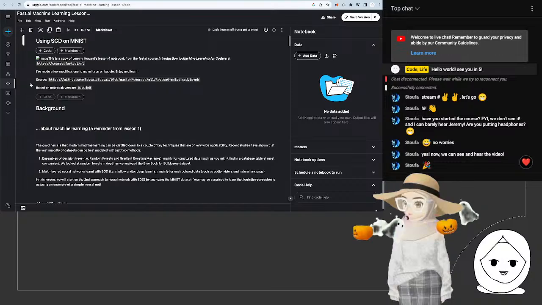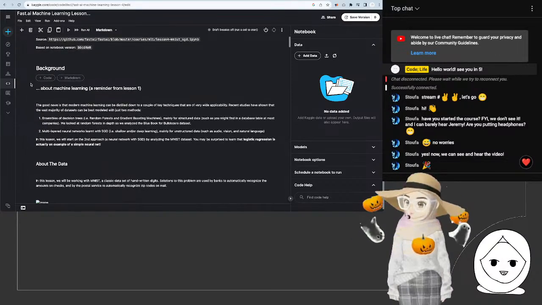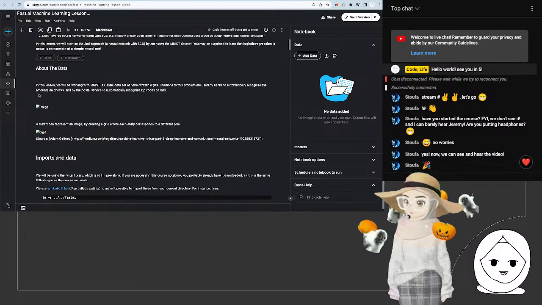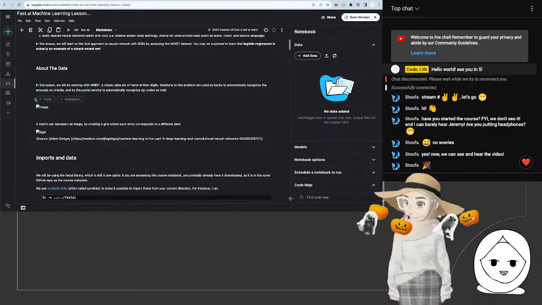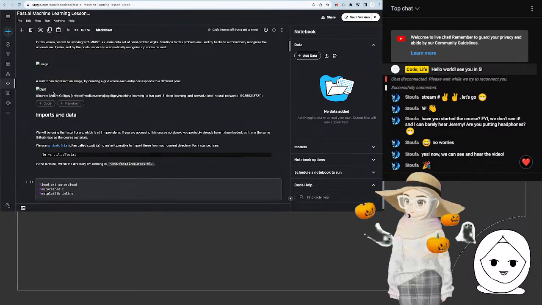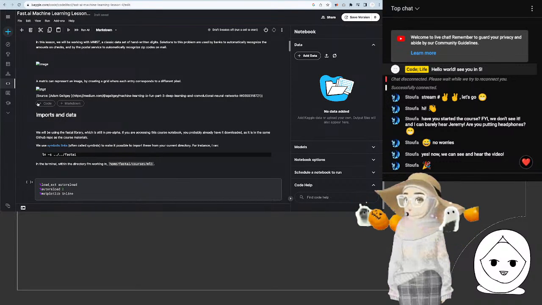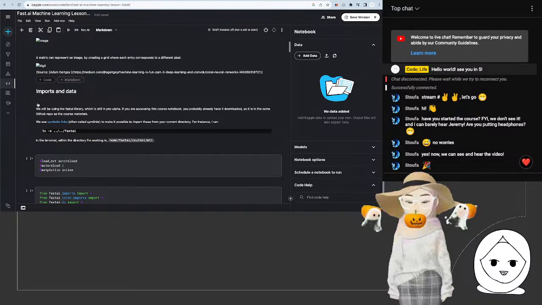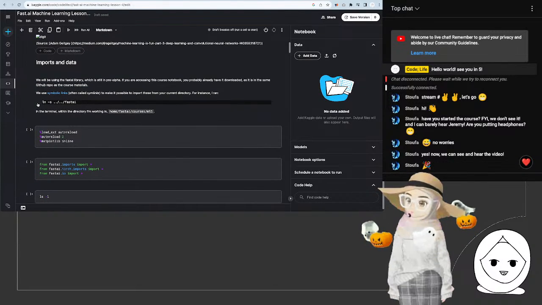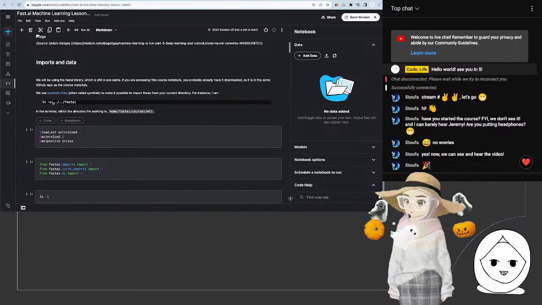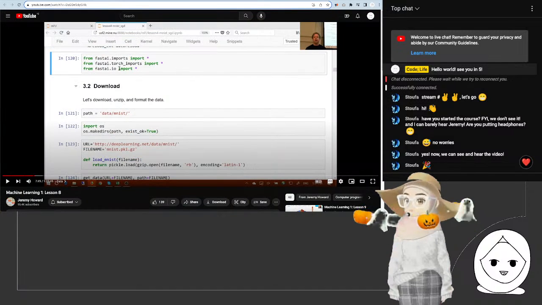Thank you. Wait, what are these images that are not showing? Okay, at least there's a source. I'm guessing it starts from here, not here. Okay, got it.